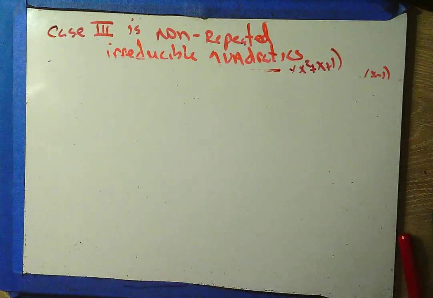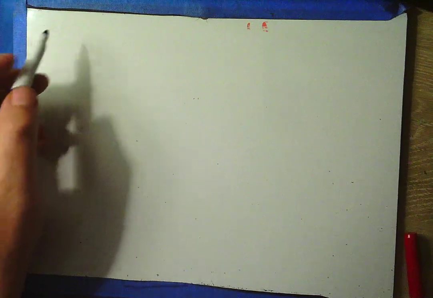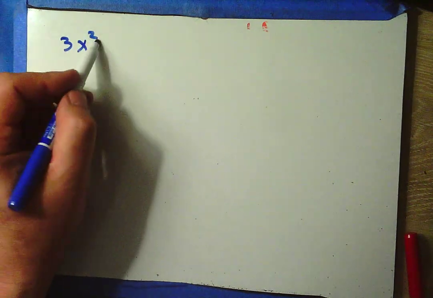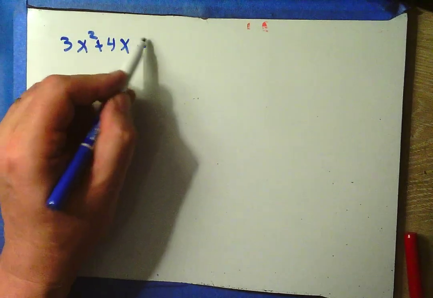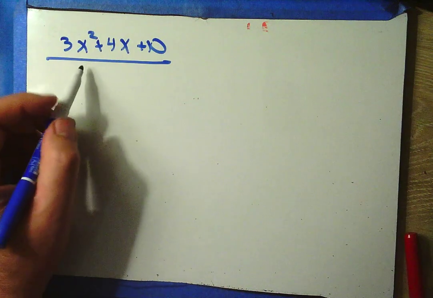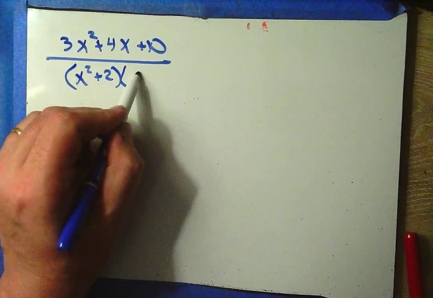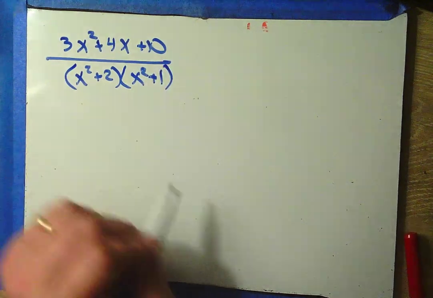The first problem is this one. 3x squared plus 4x plus 10 over x squared plus 2, x squared plus 1.